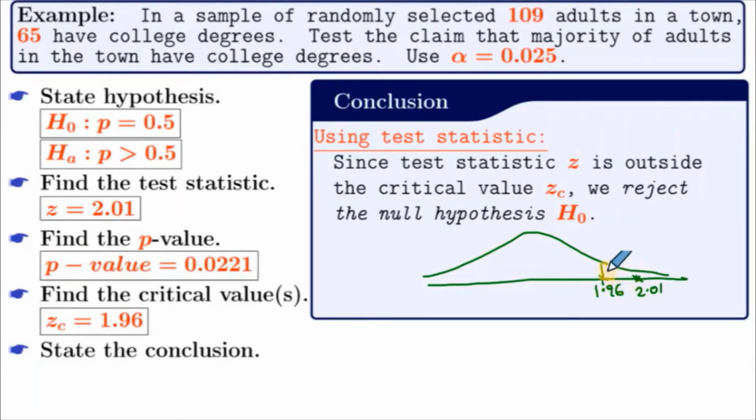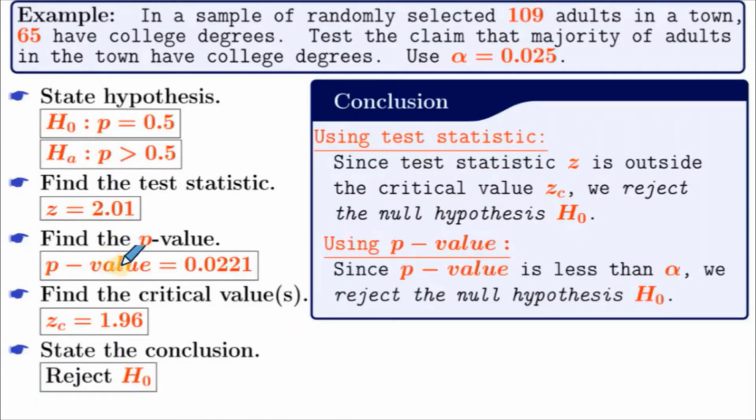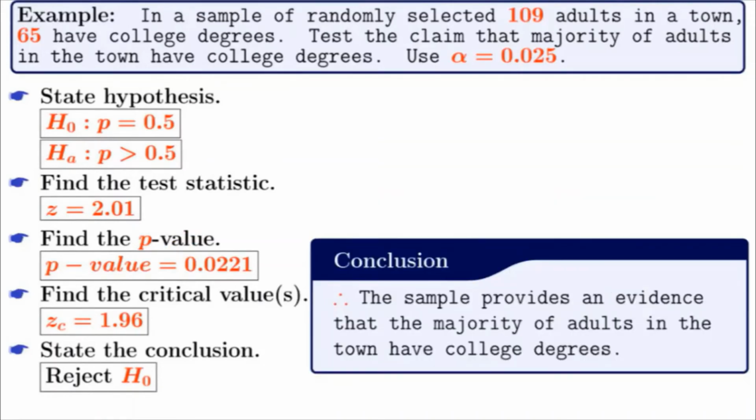So from this diagram also, we can say that test statistic Z is outside the critical value. We reject the null hypothesis. Here we can derive the same conclusion using p-value. Since p-value is 0.0221, which is less than alpha of 0.025, this means we reject the null hypothesis. Therefore, this particular sample provides an evidence that the majority of adults in the town have college degrees.